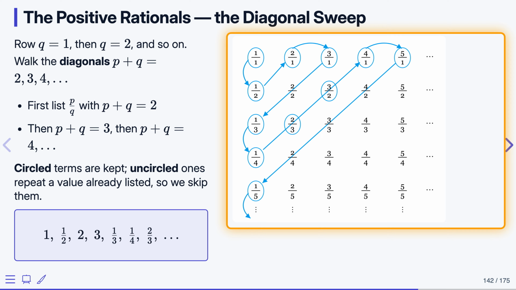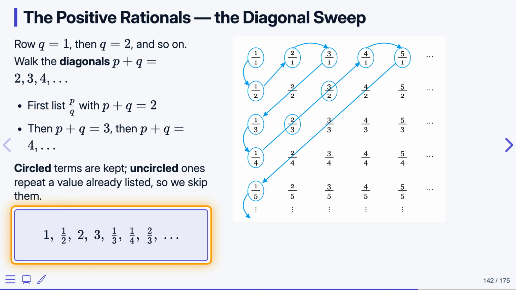For example, 2 over 2 is just 1, which we already listed, so we skip it. Those skipped ones are left uncircled. The circled ones give us the list. 1, then 1/2, then 2, then 3, then 1/3, then 1/4, then 2/3, and so on. Every positive fraction appears exactly once, so the positive rationals are countable.